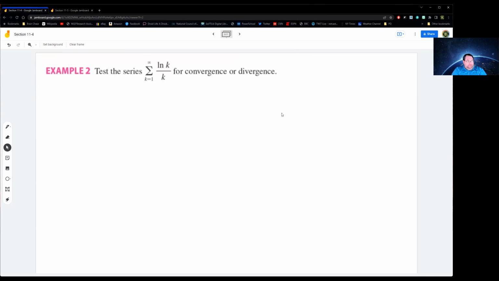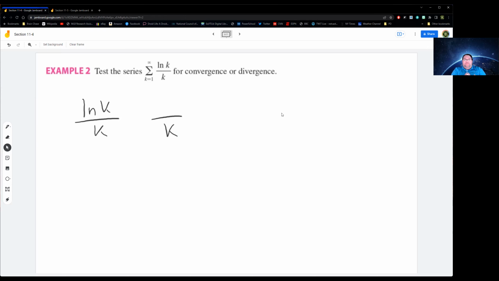This one's got the ln of k over k. So there's nothing really to change in the denominator. So I'm going to leave the denominator just as k. However, I have an ln in the numerator. And this is where the comparison test really has that little bit of a sense, like you have to logically start thinking about things.